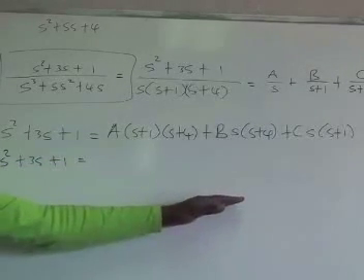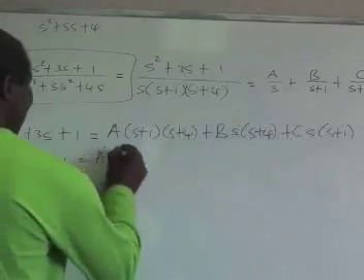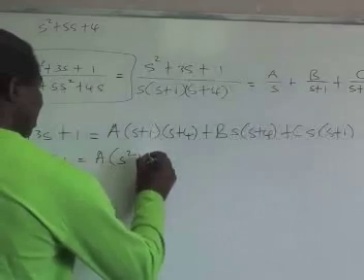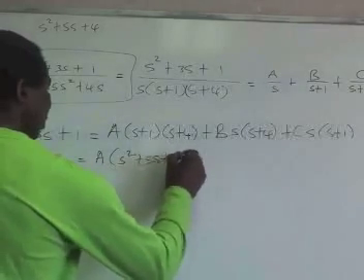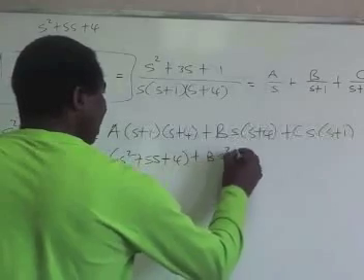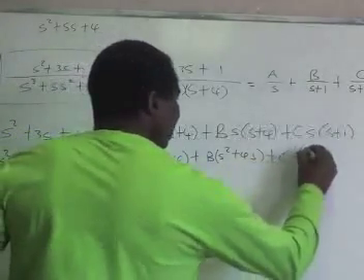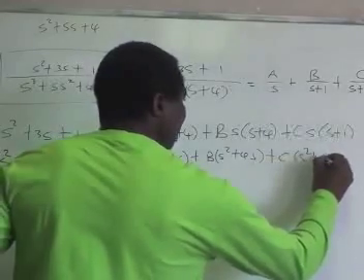So we are going to expand this, and we are going to say A times s squared plus 5s plus 4, plus B times s squared plus 4s, plus C times s squared plus s.